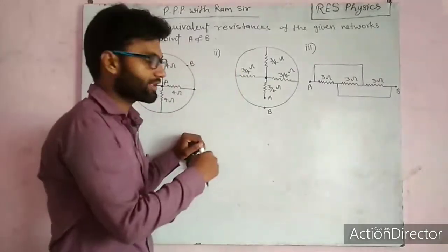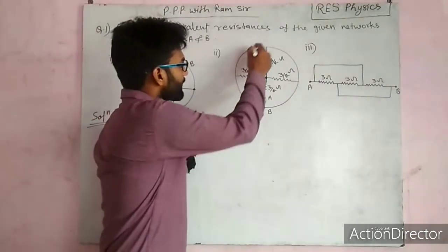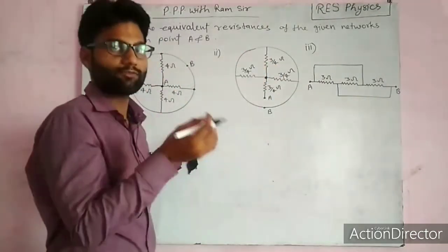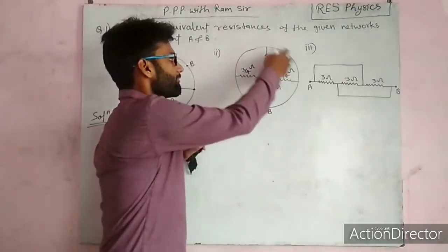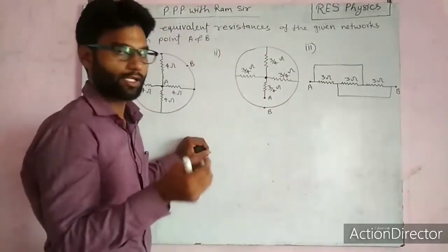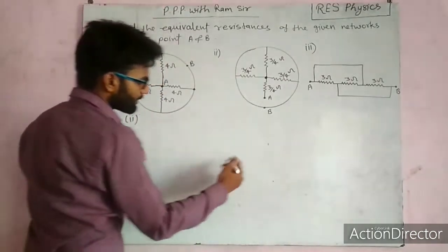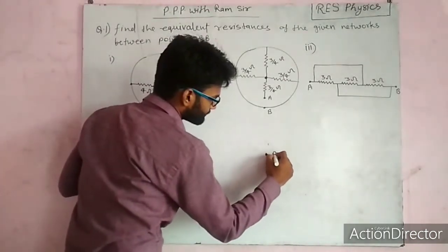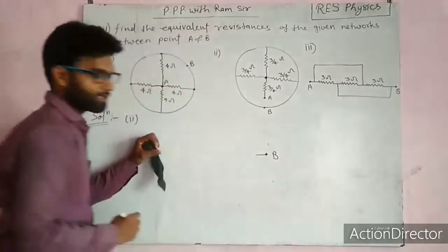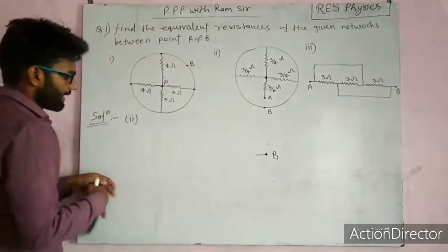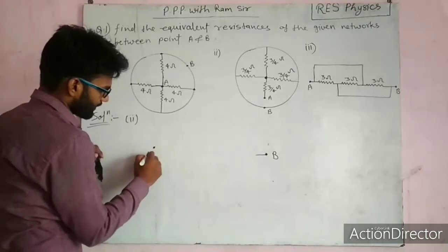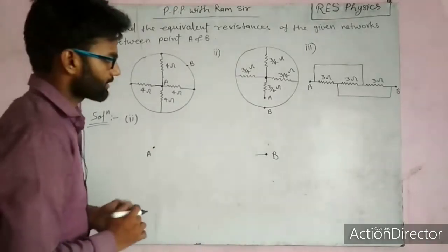And as we can see that the periphery is only connecting wires, that means each and every point will be at the same potential, so we can take it as a common point, right? So I am taking here B point, right, as a common point, and A point here. Now just look at here.